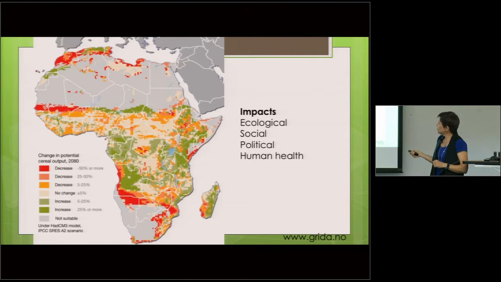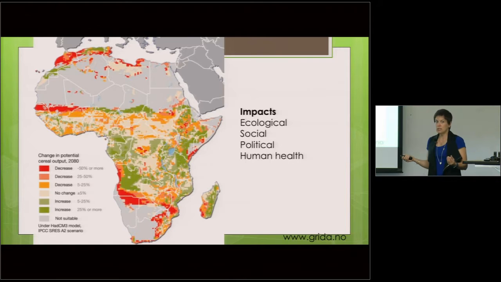And if we look at one country in particular, this is the change in potential cereal output in 2080. Again, some places might actually experience an increase in crop yields, but many places will experience decreases of 5 to as much as 50% in crop yields.